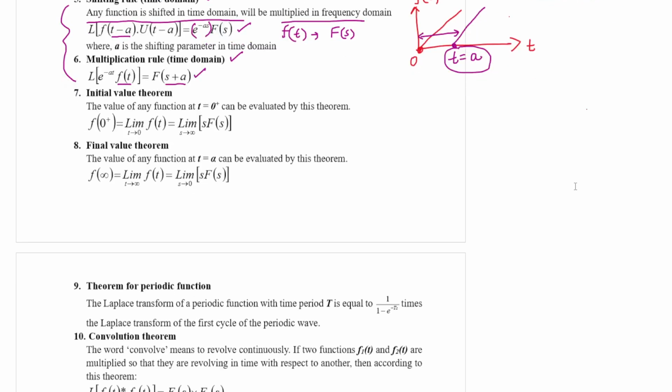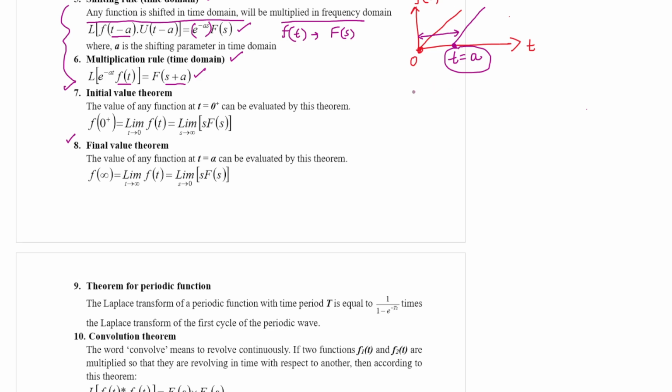Now properties 7 and 8 tell us about any function, what will be the value at its transient state and what will be the value at its steady state.